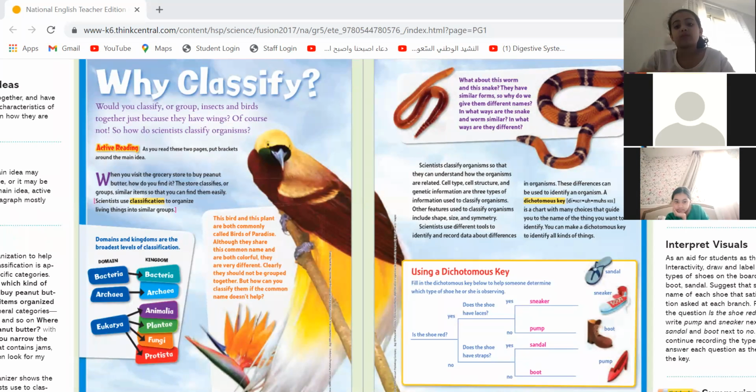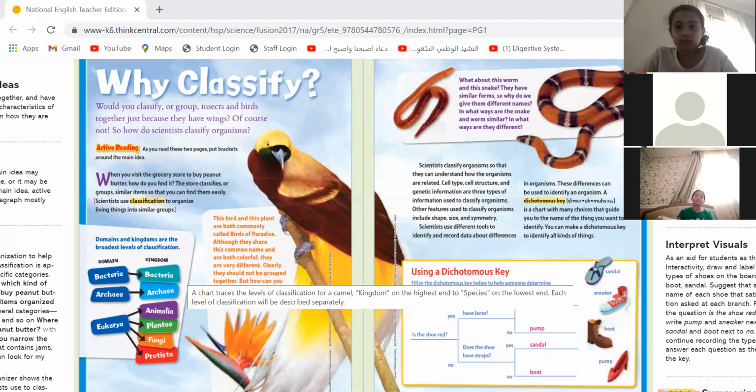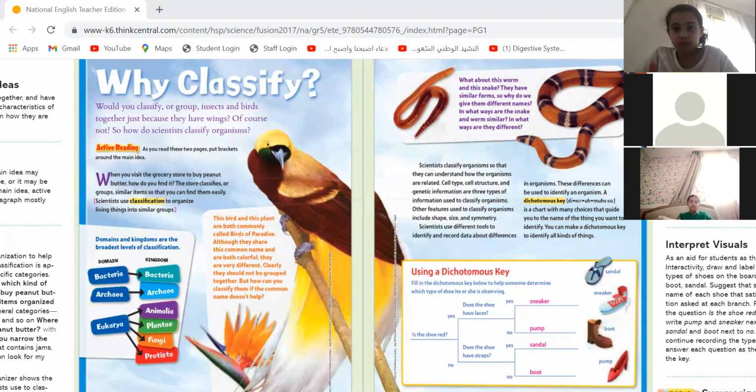Under animalia, we have a lot of classification. Can you see them? So you can classify them. First of all, the domain. This is the main thing. Eukarya, because they are made of plenty of cells and not only one single cell.